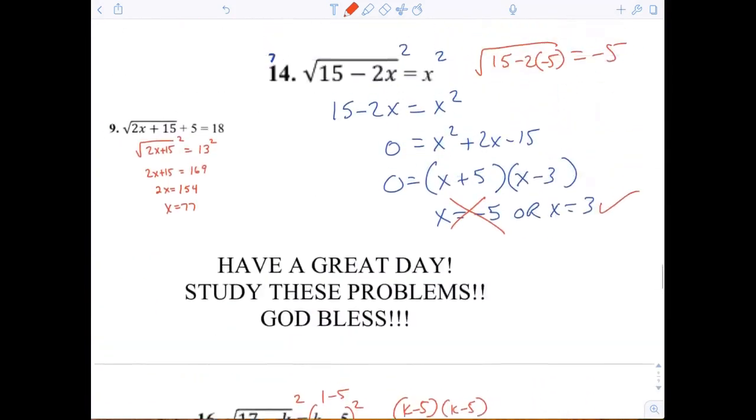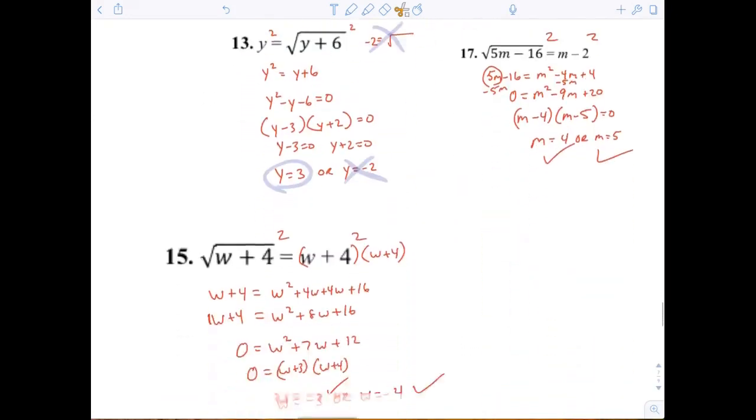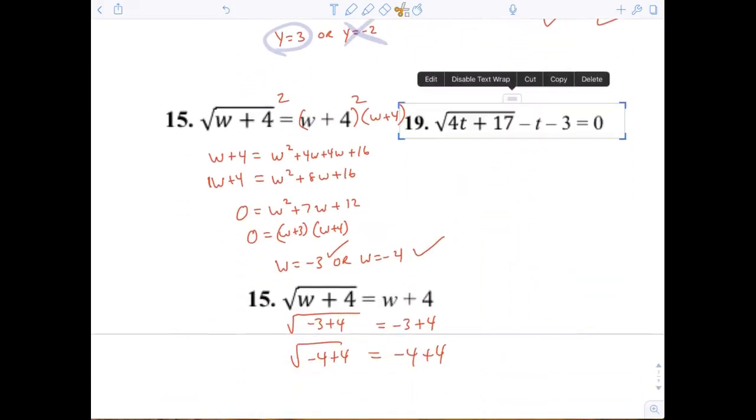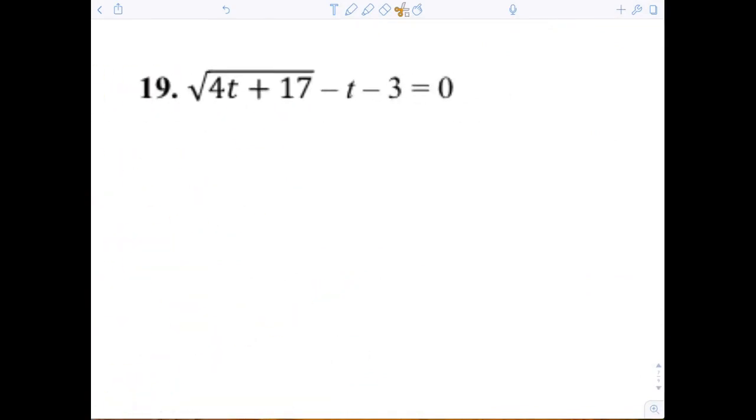All right, here we go. 19, here we go. Come on. So 19, the problem is right off the bat I have to isolate. Square both sides, right?